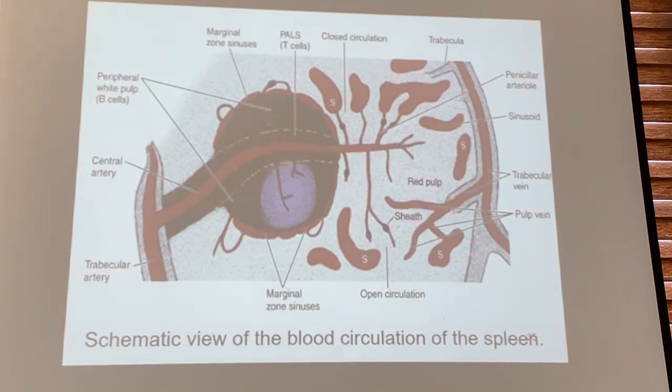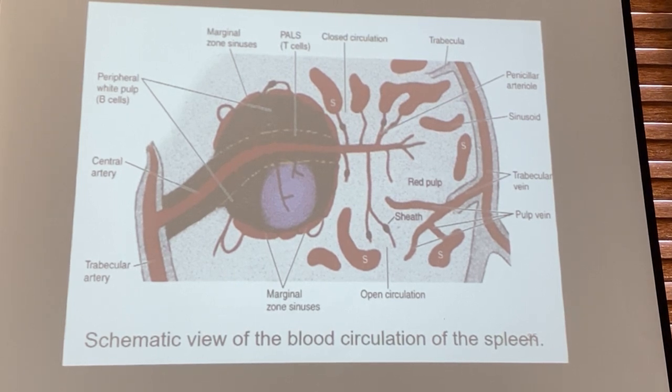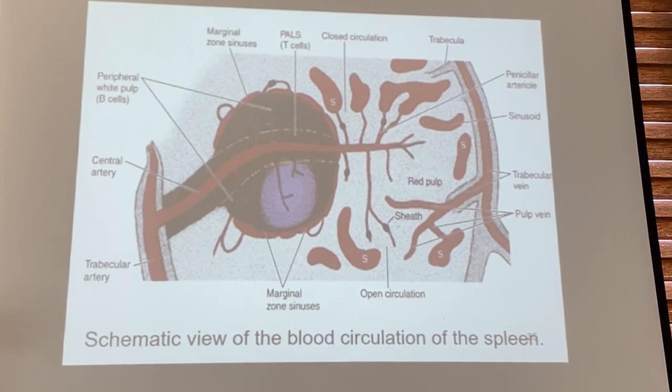Then, as you see here, this is the trabecular artery. It gives another branch which is called the central artery, at the periphery of the white pulp. So as you see here, the central artery starts to penetrate the white pulp.